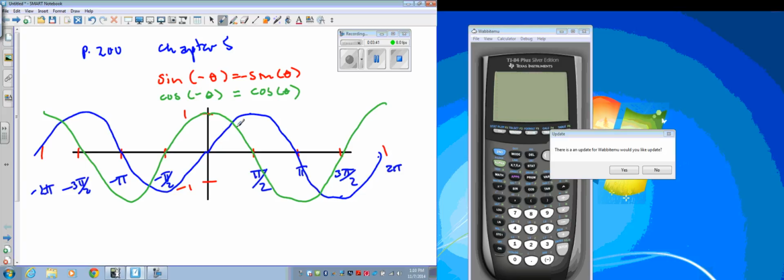For the sine curve, here it's negative and here it's positive, so you have to do a negative and a positive. And I think once you look at it in the sinusoidal laid out curve, it's pretty easy. When you look at it in a circular fashion, it's not as easy to see, but this is pretty easy to see.